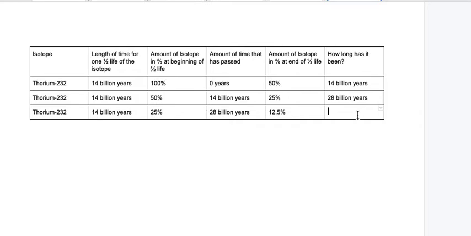That's going to be 42 billion years. So if you had a sample that had about 12.5% of the thorium left, you would know that it was about 42 billion years old. By filling out this table, for each half-life, you're going to add the 14 billion years. So that's how you solve a problem like that.